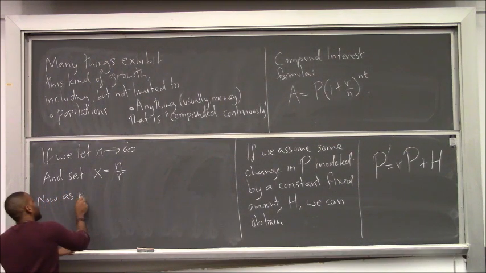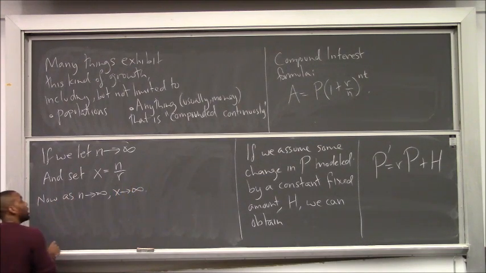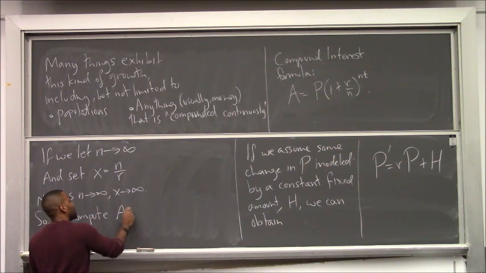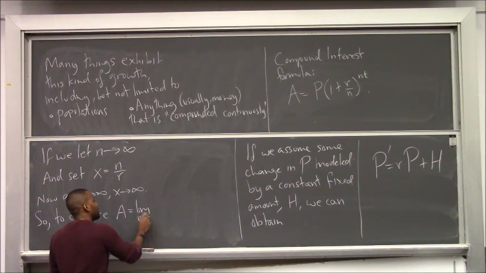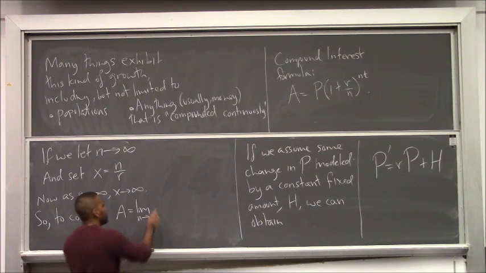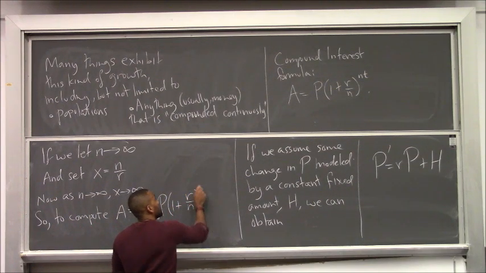Now, as n approaches infinity, you'll notice that x is approaching infinity. And so, to compute, which is pretty much a thought experiment, what would actually happen if we actually let n approach infinity of this thing here?